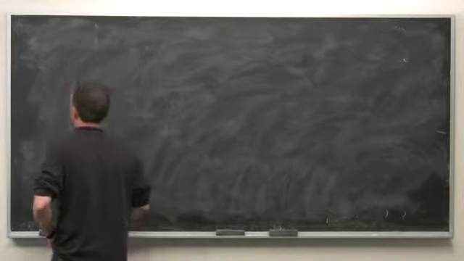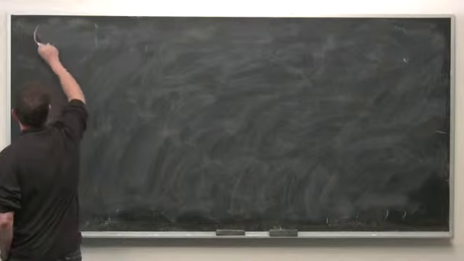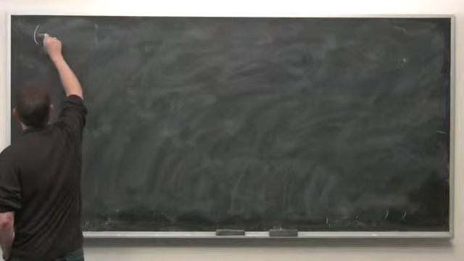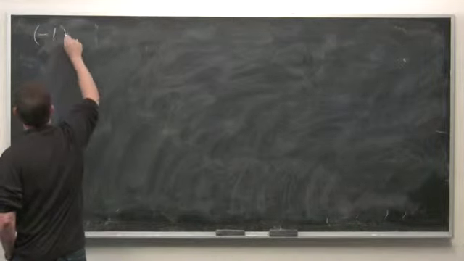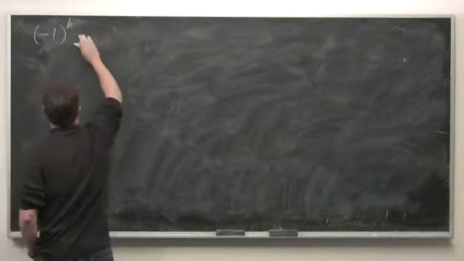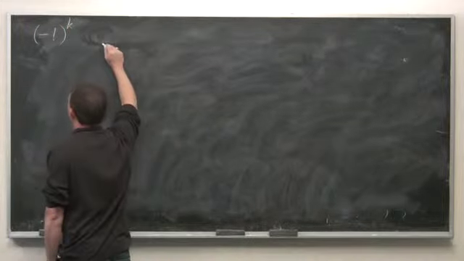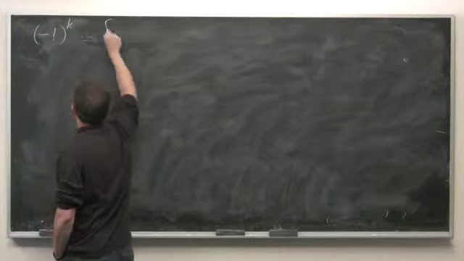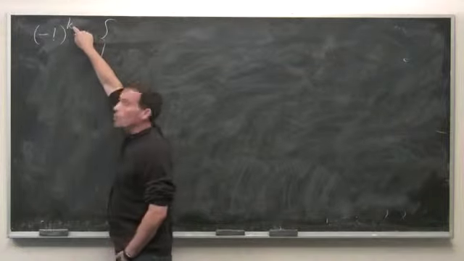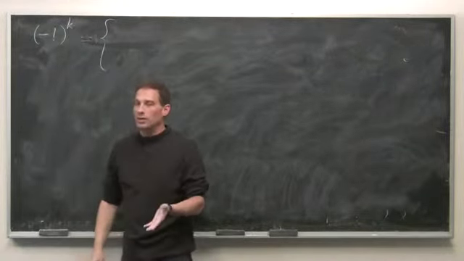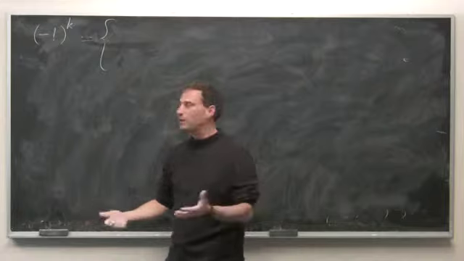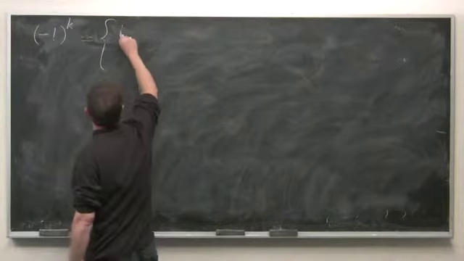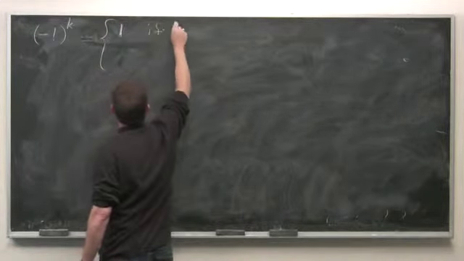But how do you make the sign alternate? This comes up all the time in series, in Taylor series. -1 to the k. Think about this. When k is an integer, when k is even, -1 to an even power, you have an even number of minuses multiplied together. This is 1 if k is even.